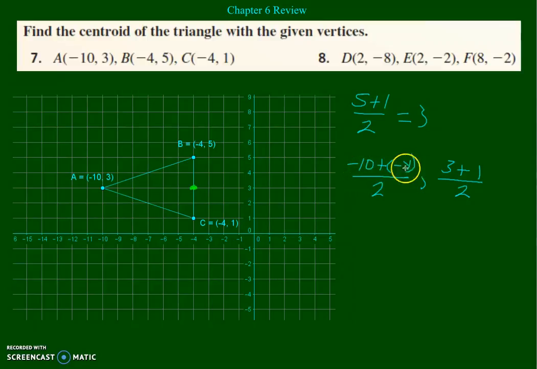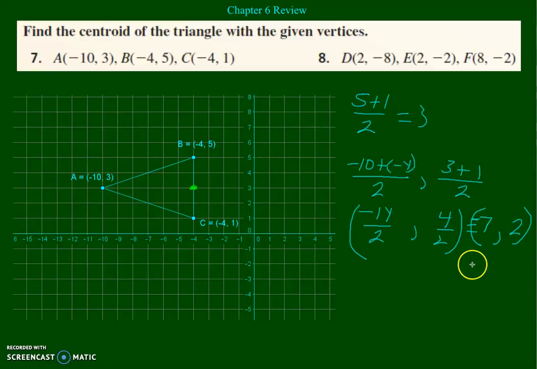Negative 10 minus 4 is -14, so that's -14 divided by 2, and 4 divided by 2, which gives us -7 and 2. So (-7, 2) is our midpoint. Let's go ahead and put that one in. And there's our midpoint.